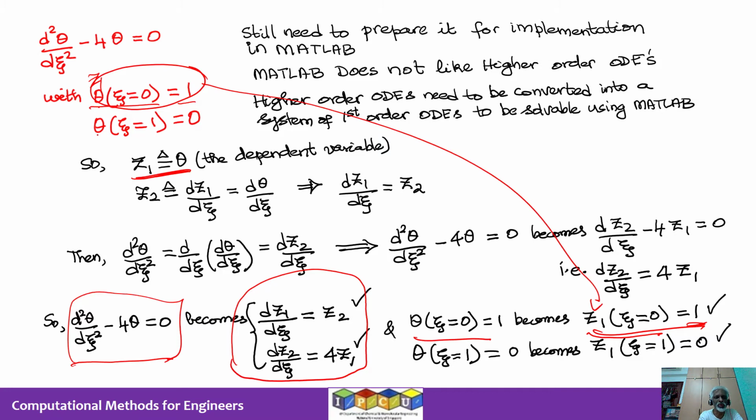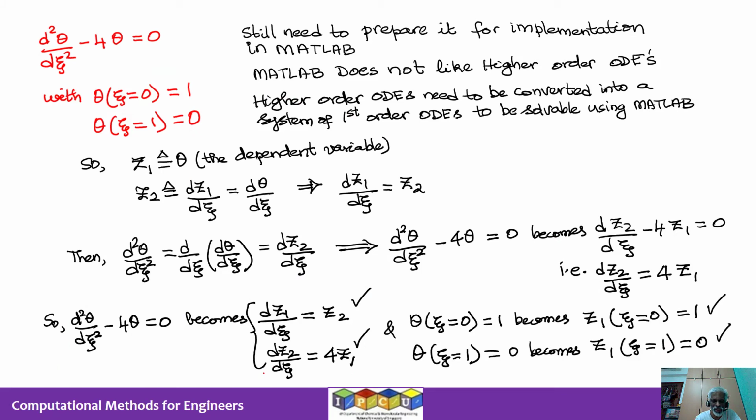And the second condition was on theta. Theta is nothing but z1. So z1 at psi equal to 1 is equal to 0 as given in the problem. So our new problem is this. Now it is in a form that is acceptable by MATLAB.